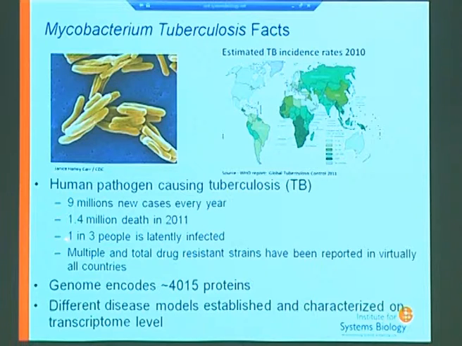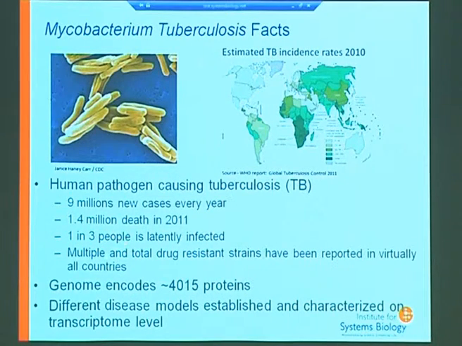There are surprisingly still about 9 million cases every year. These are data from 2011, but it's kind of constant for some reason. The deaths keep on going down. India has quite a few, but this is just because you have a lot of people here.